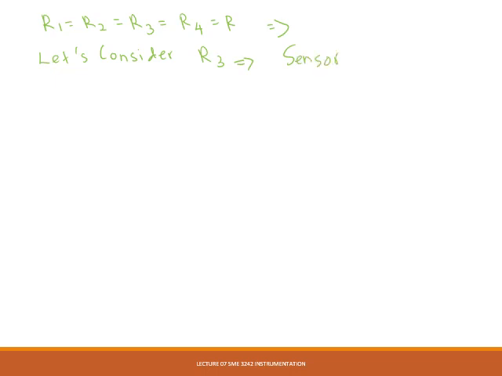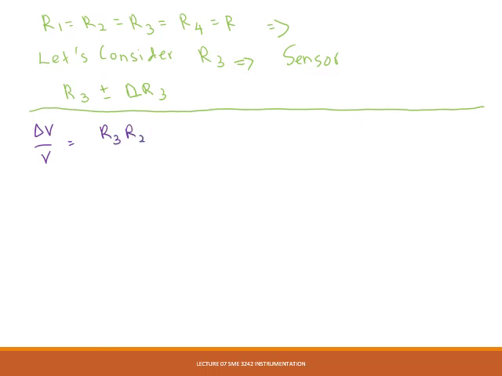So R3 will have some change of resistance, since of course our sensor will change its resistance value. We are going to derive a new equation based on the overall equation that we derived before. Okay, our original equation is like this.